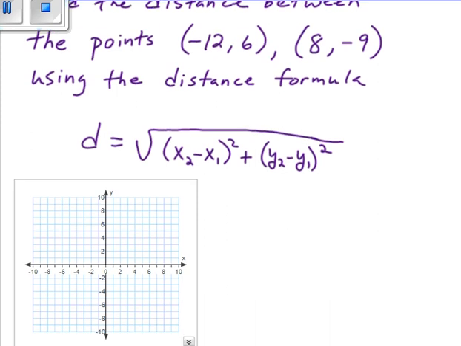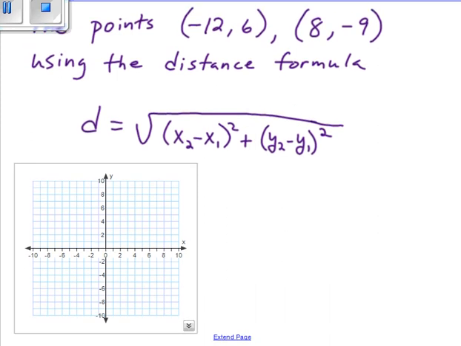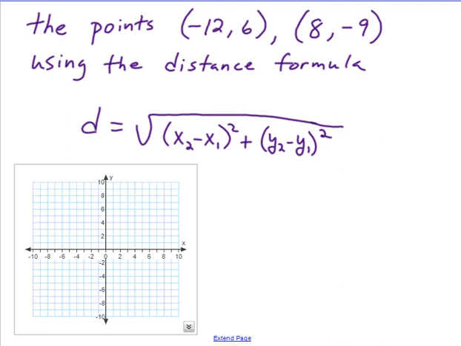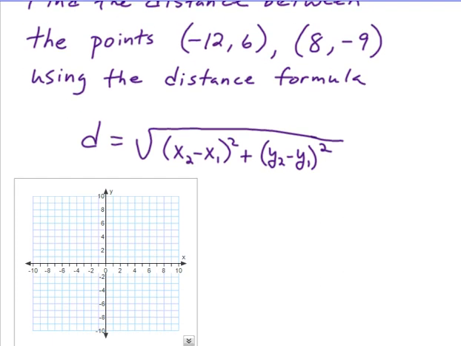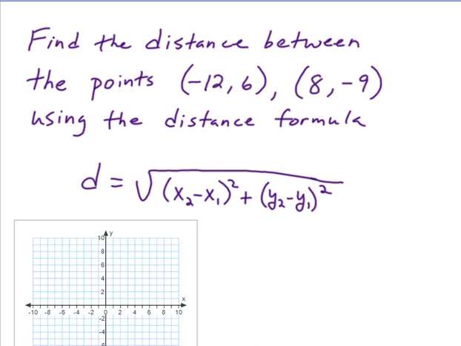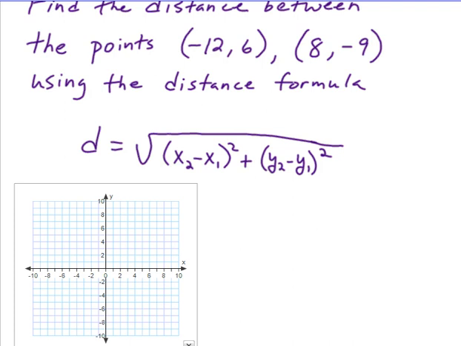Now, what we're doing in this next type of problem is we're going to be using the distance formula, which is an application of solving radical equations. So I'm trying to find the distance in a coordinate plane between the points -12, 6 and 8, -9. So let me actually change my scale here.